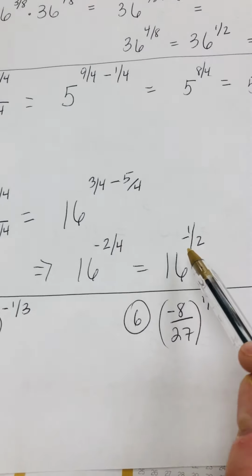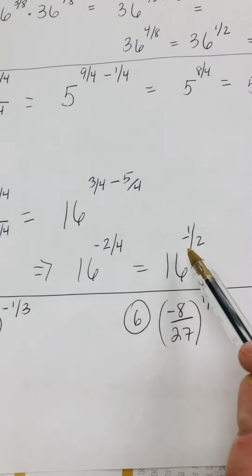And so this is the same thing as 1 over the cube root of -8, right? And it's okay that this is negative because the root is odd, so don't freak out about the negative radical. The cube root of -8 is -2, right? -2 times -2 times -2 will give you -8.